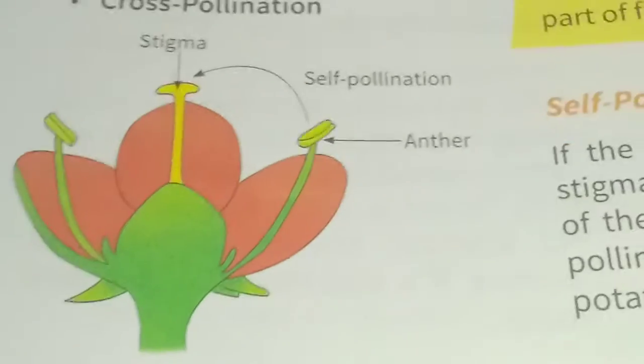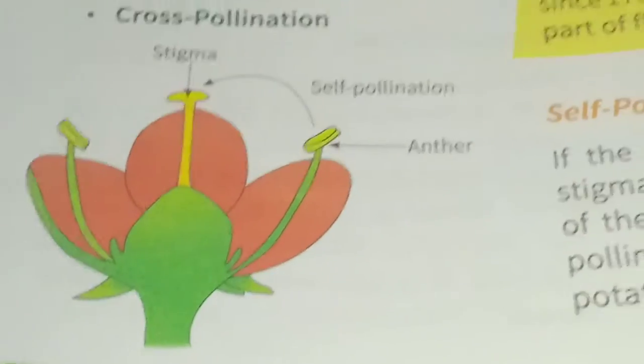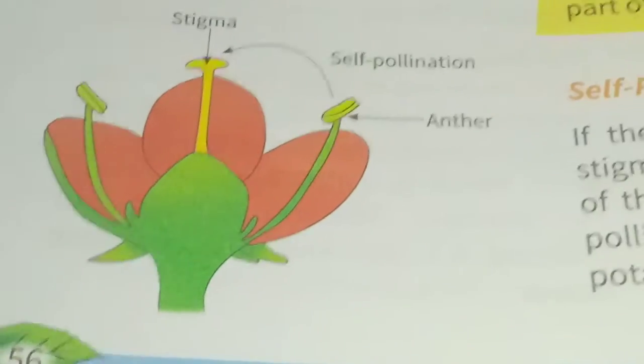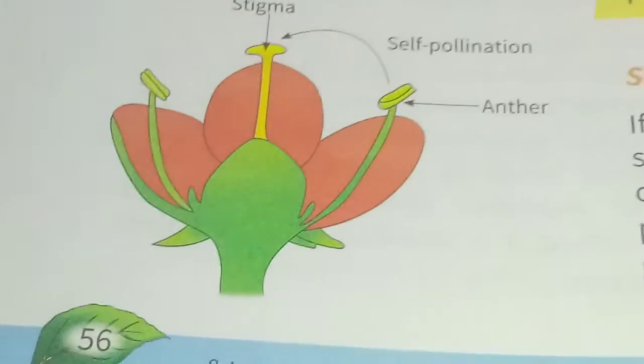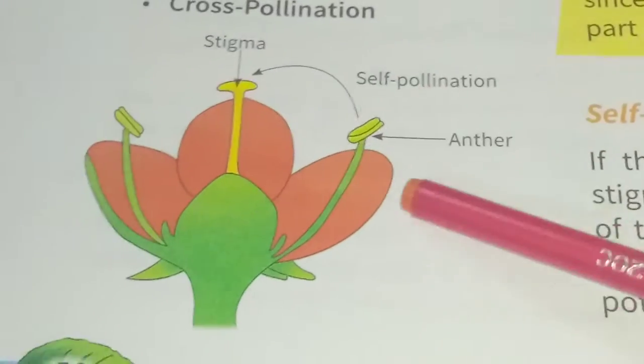There are two types of pollination: self-pollination and cross-pollination. What is self-pollination? This picture shows self-pollination.